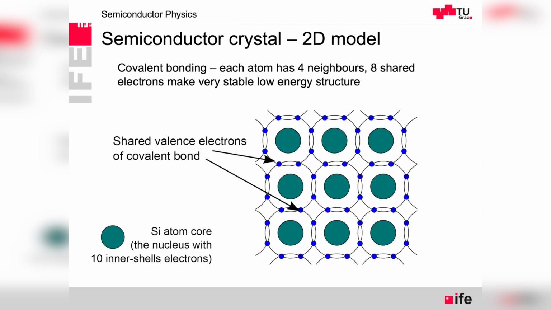More is anyway not possible. We can make covalent bonding with 4 neighbors, and that makes it have 8 shared electrons. And this is what makes a very stable structure. So the crystals, thanks to that, are very hard structures.